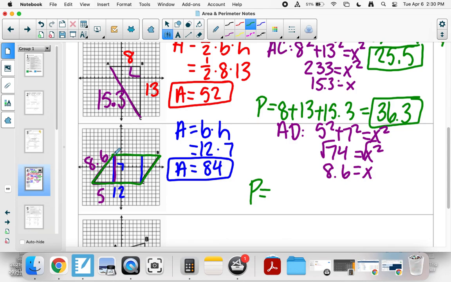What was the base of my parallelogram? 12. And then we have 2 of those, right? And then we have 2 sides that are also how long? 8.6. Again, you can add 12 plus 12 plus 8.6 plus 8.6. No shame in that game. 41.2.